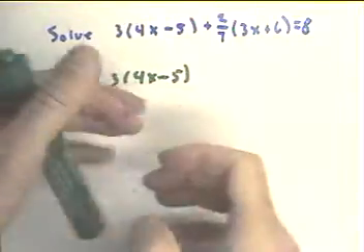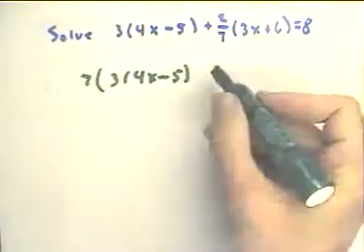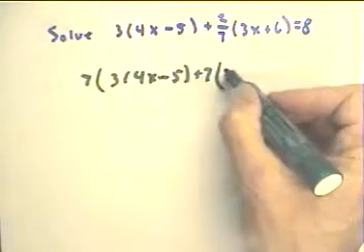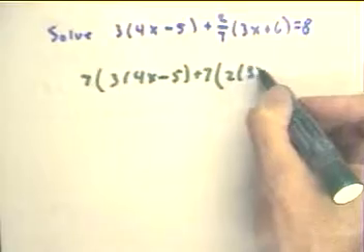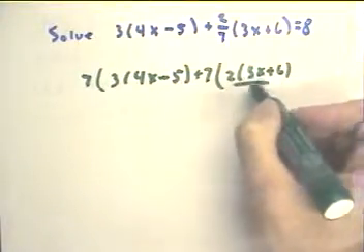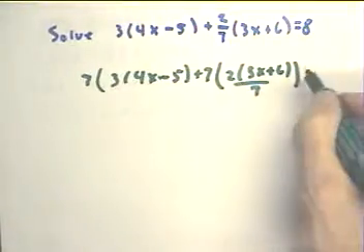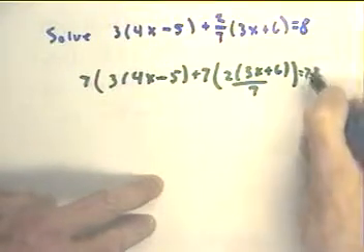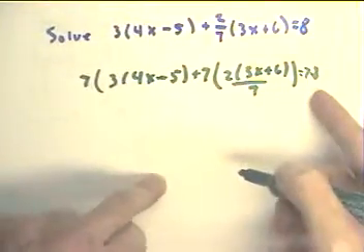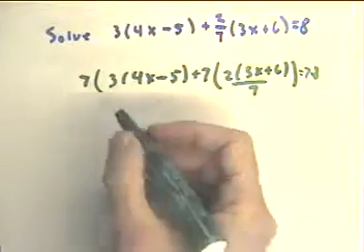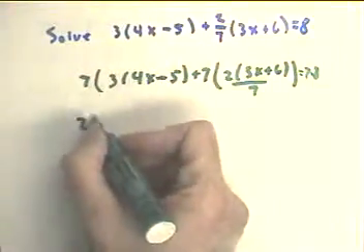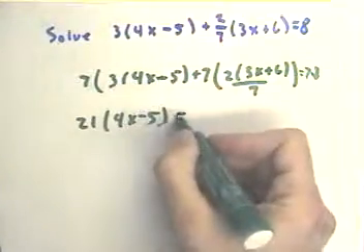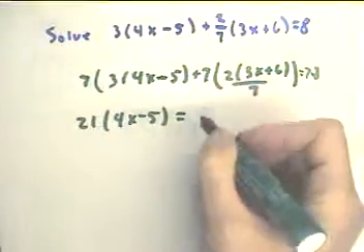And then that's going to be plus 7 times 2 times 3x plus 6 over 7. I didn't leave myself much room. 7 times 8 on the right hand side. Now 7 times 3 is 21 times 4x minus 5. 7 divided by 7 is 1.